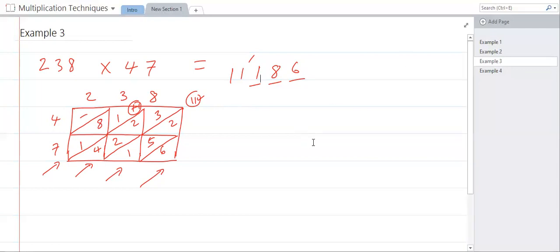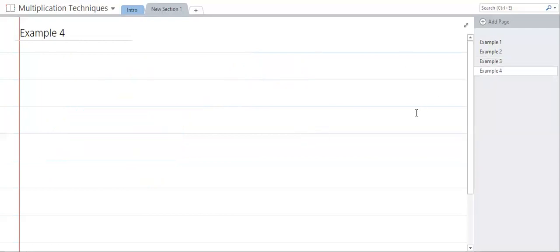Let us proceed to the next example, which is example 4. Now I want to take 3 numbers and multiply by 3 numbers. So if I take 286 multiplied by 597, what is this?